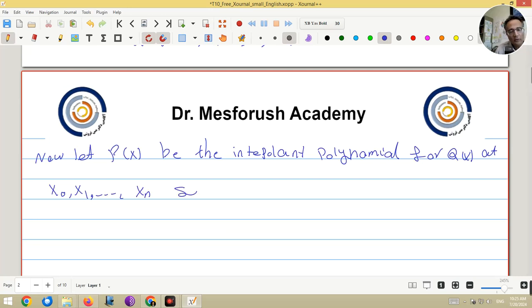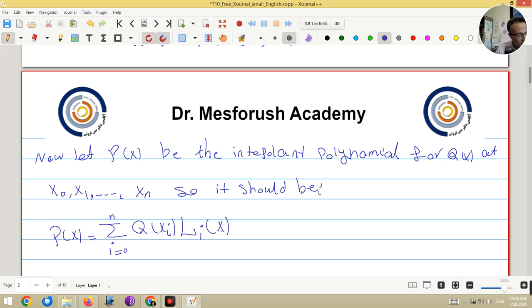It should be p of x equal to the sum from i equal to 0 to n of q of xi li of x.